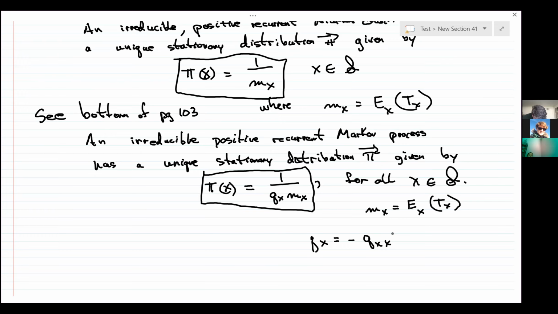There's an equation 12 there that tells me that when x equals y, q of x is minus q. Yeah, so this is correct. And you sort of need both of these.